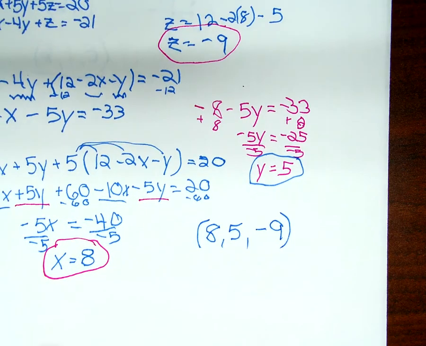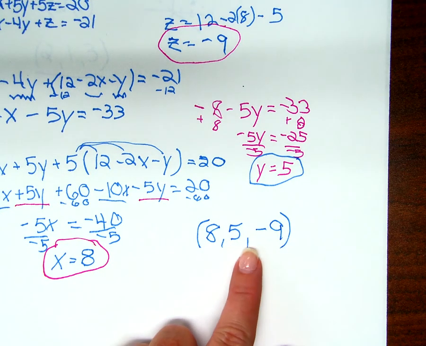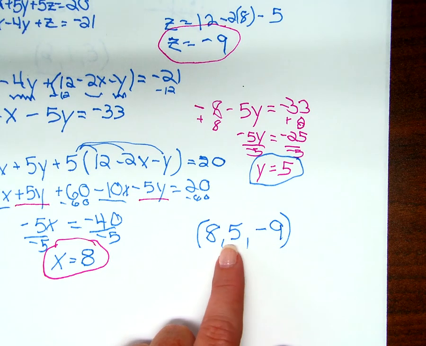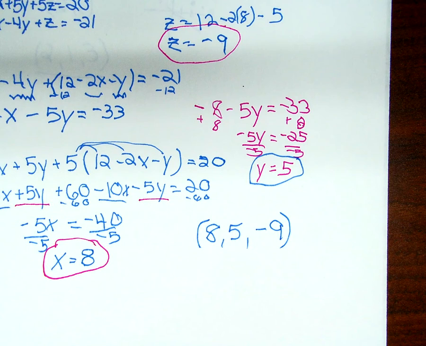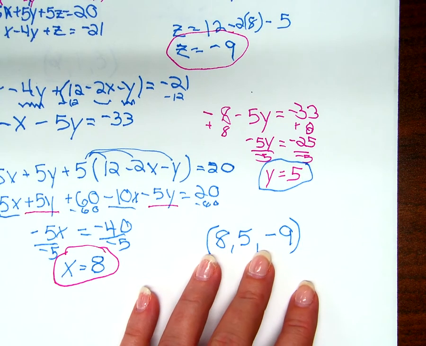Just like I asked you yesterday, will we always write our answer like this? Most of the time, yes, but no, not always. Sometimes there'll be a better way to write our answer, but I promise I will make it clear, and you'll know exactly when to use the other way versus this way. Okay? Any questions about this?